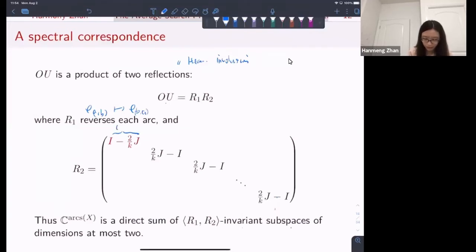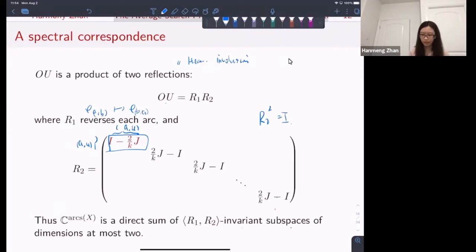Let's say the marked vertex is the first one. The top block is going to be different from the others because of this oracle. It's exactly the opposite of all the other blocks, but every block is a Hermitian involution. So R2 is an involution as well.